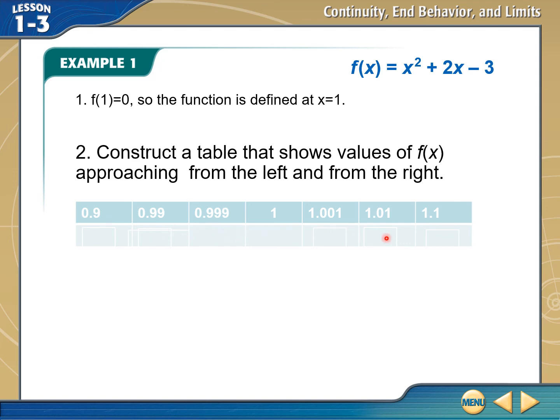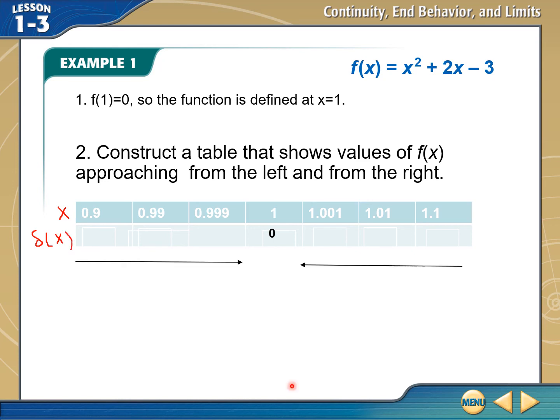Where am I substituting these numbers? I'm going to substitute them in my function and see. First of all, I know that at 1, f of x is equal to 0, right? These are the x's and these are the f of x, or the outcome of the function. Now, you need to use the calculator to get all the other values.